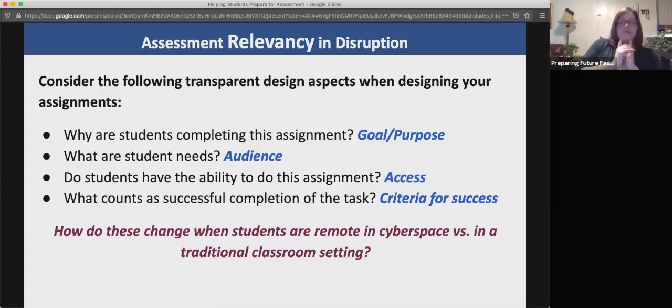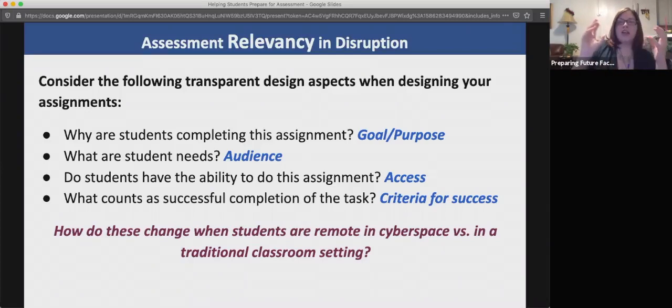Now, let's say they have this paper due. All of a sudden, we're remote. I was going to have this paper turned in on the last day of class. Bring it in person, print it out, hand it to me. Now I have to go back and think about, as I'm transitioning to this online space, how are they going to get these papers to me?